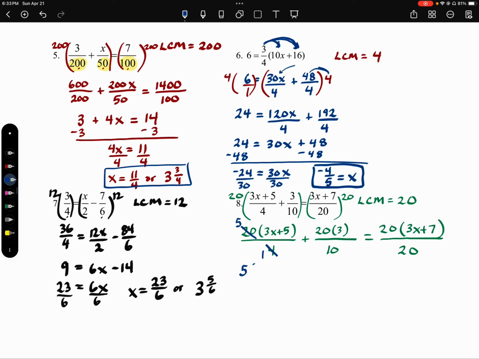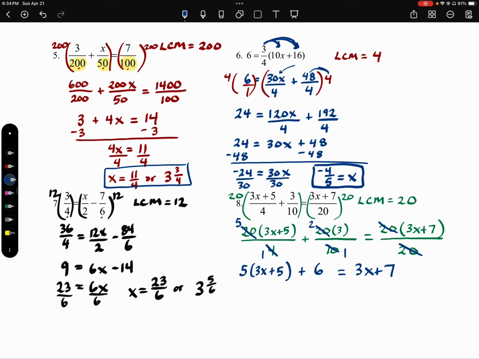So what I have now is 5 times (3x plus 5) in parentheses. 10 goes into 10 once, and into 20 twice. Then 2 times 3 gives us 6. On that last part, 20 divided by 20 should cancel, and we're left with 3x plus 7.